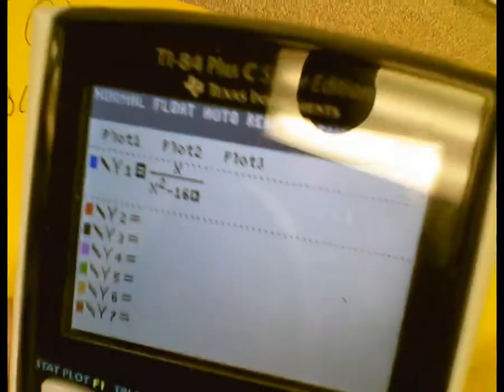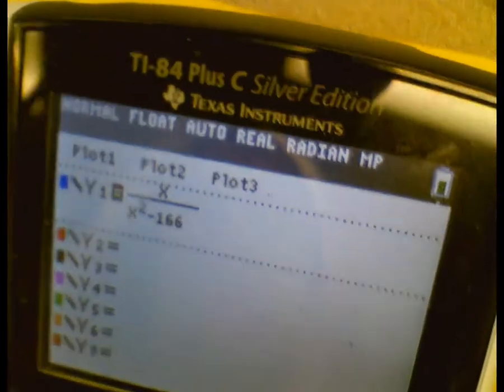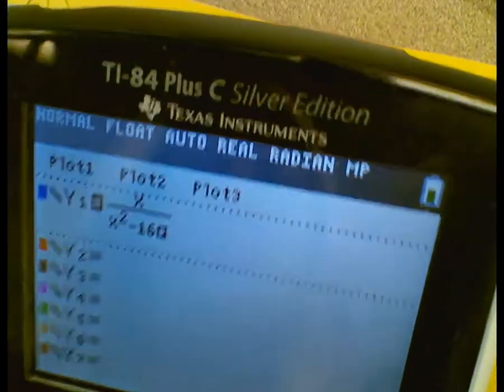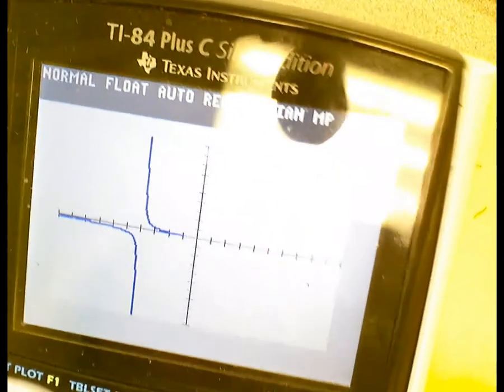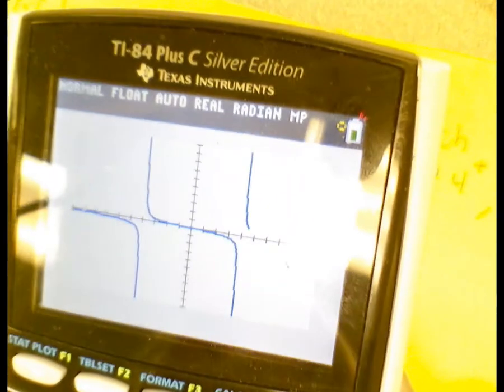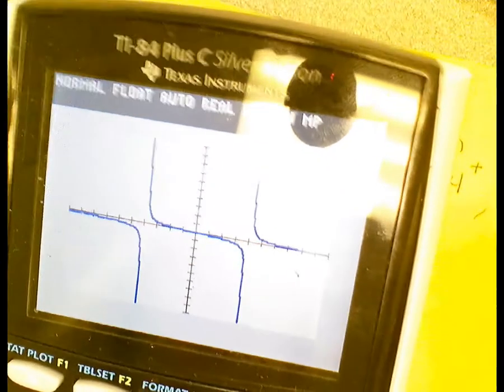We're gonna press zoom 6 so we can see the screen. Oops, I just messed up something. Delete. Okay, zoom 6. There should be 2 vertical asymptotes, one at 4, because this is x plus 4 and x minus 4. And one at -4, okay?